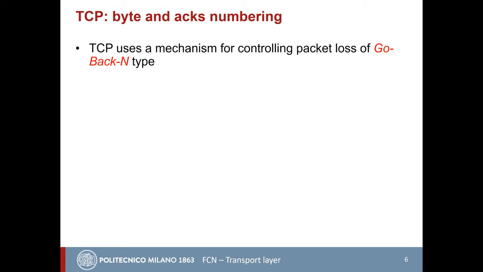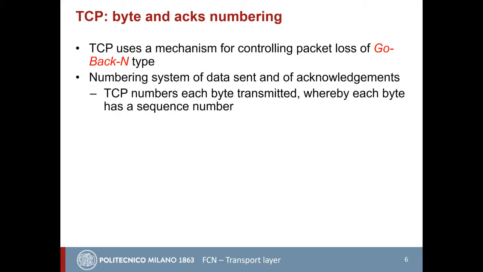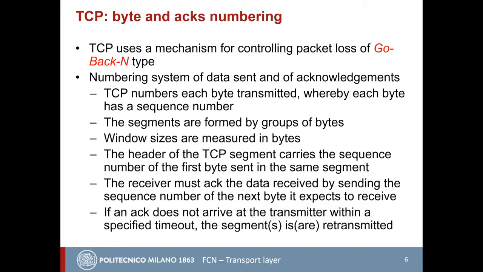TCP uses a mechanism to control packet loss and errors that is similar to the go back N we have already explained, at least in the simplest implementation of TCP. Another interesting fact about TCP is that there is just one protocol, but with several implementations, and each implementation has something different from the others.